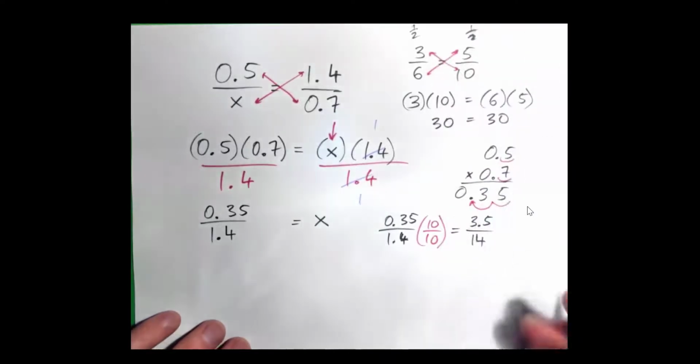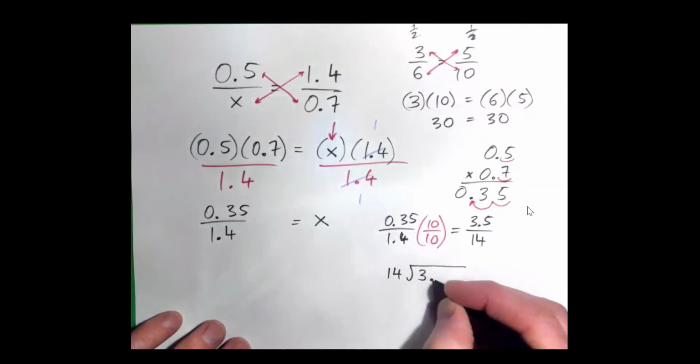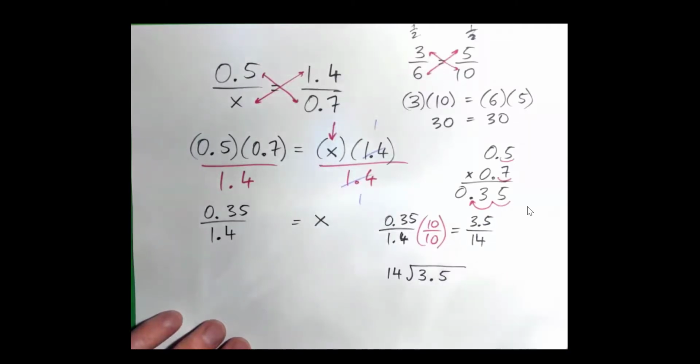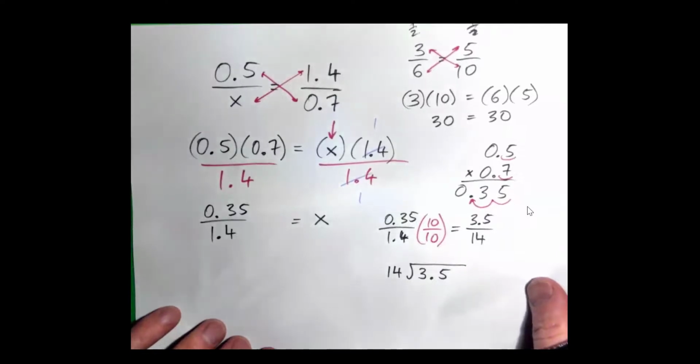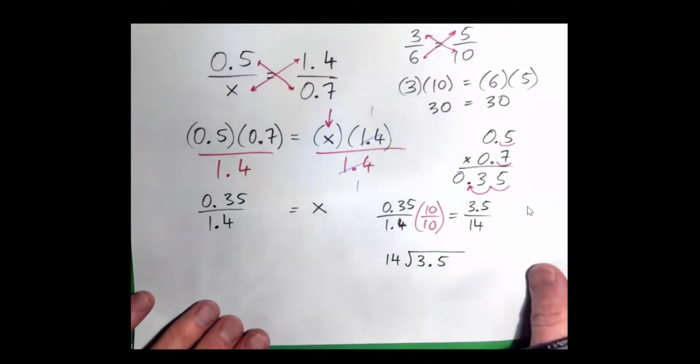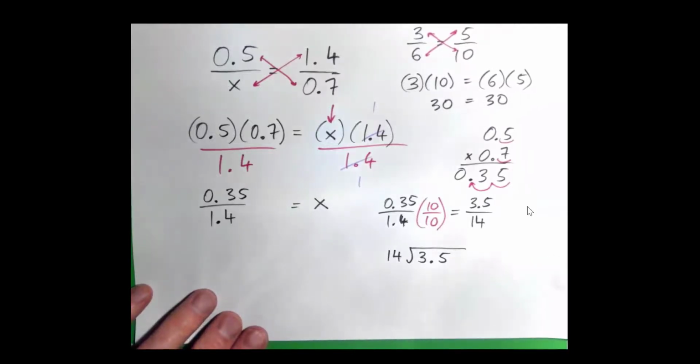So now my long division is 14 into 3.5, right? And then 14 goes into 35. I would say twice.